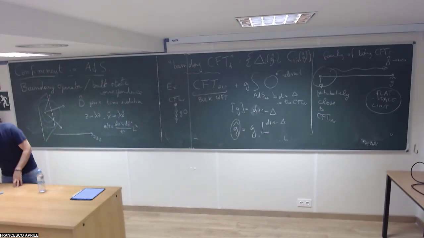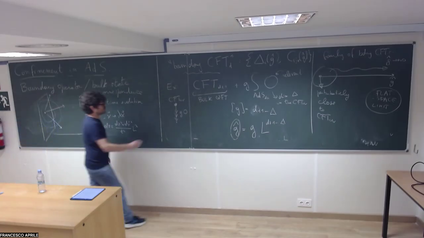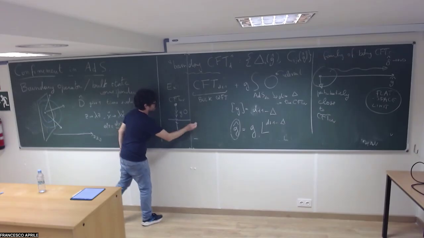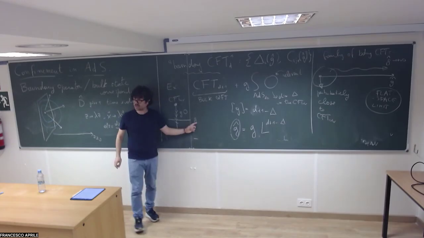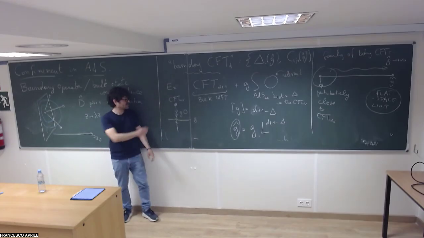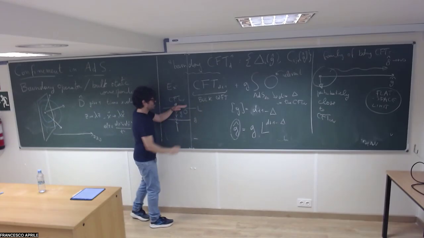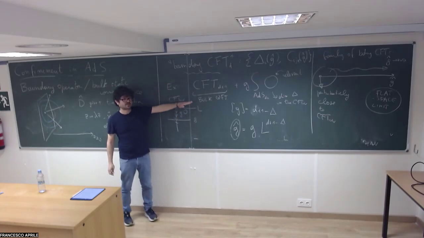Right, so typically the question you want to ask is, after you go to this scale, some typical scale set by G, what happens here? Now I'm saying that using L, you can move the radius of AdS and move your IR cutoff and probe different levels of this RG.